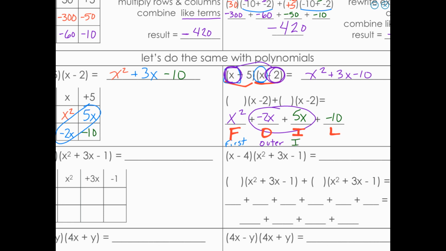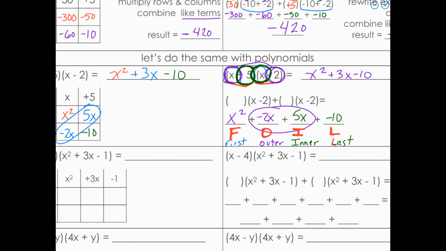And then inner. So which ones are those going to be? The positive 5, because it's on the inside, and the x. And then what do you think the last one stands for?